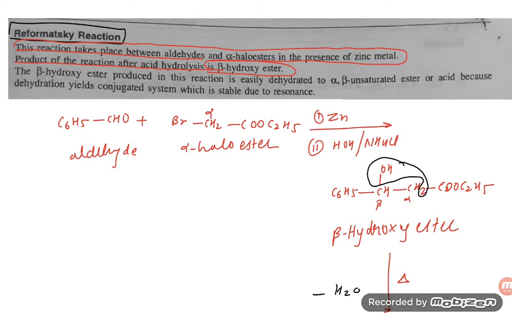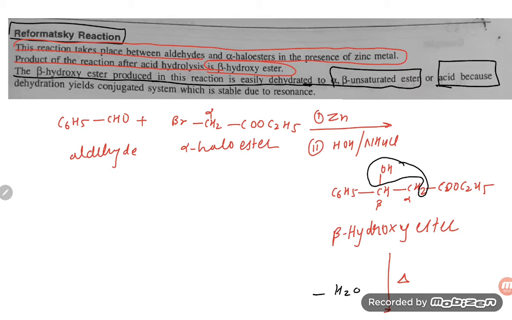Another important point which we have to keep in mind, students: the beta hydroxy ester produced in this reaction is easily dehydrated to an alpha beta unsaturated ester or alpha beta unsaturated acid, because dehydration yields a conjugated system which is stable due to resonance.